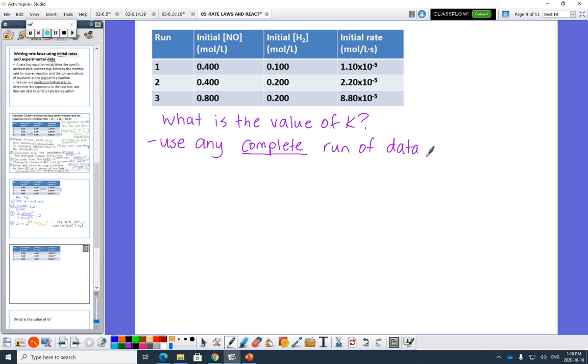If you've done the work and got the right rate law, so you have the correct exponents, it doesn't matter which run you use, but you have to use a complete run. You can't go, I'm going to use this concentration and this rate. That's not how it works. Most people just pick run 1, but it doesn't really matter.